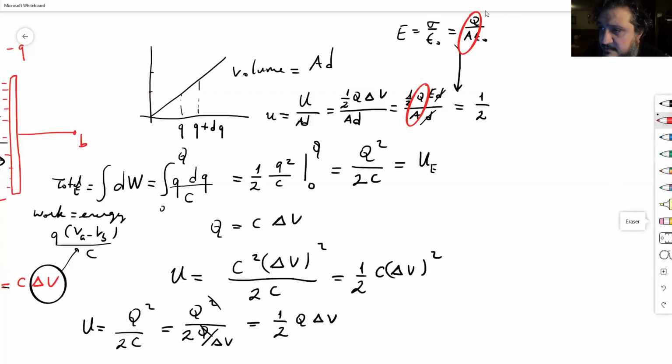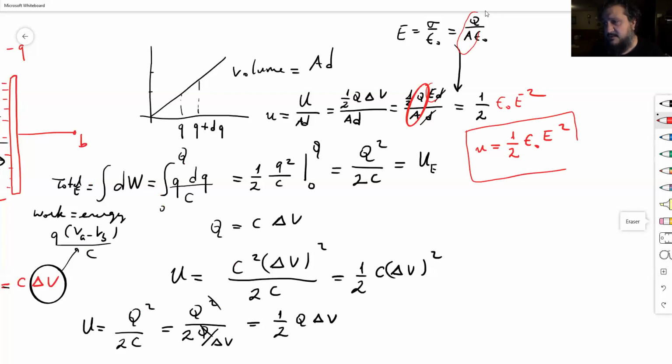That's equal to epsilon 0 times E. And there's another E here, which makes it E squared, okay? So this will be the energy density. 1/2 epsilon 0 E squared. That's a very important result.